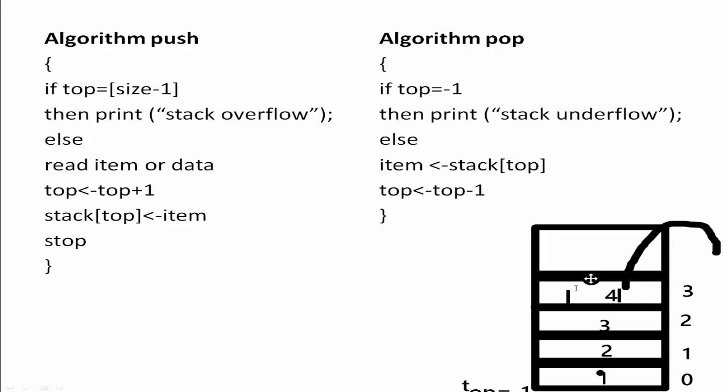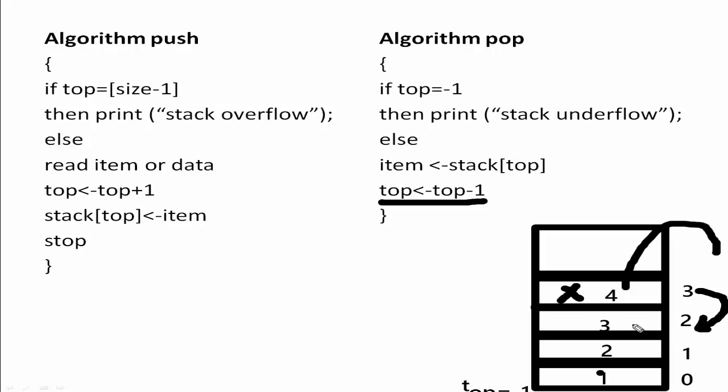So now this particular element is removed. Now you need to decrement the top. So you are decrementing the top: top equal to top -1. So whatever the element index is will be decremented. So now 3 will be decremented to 2.